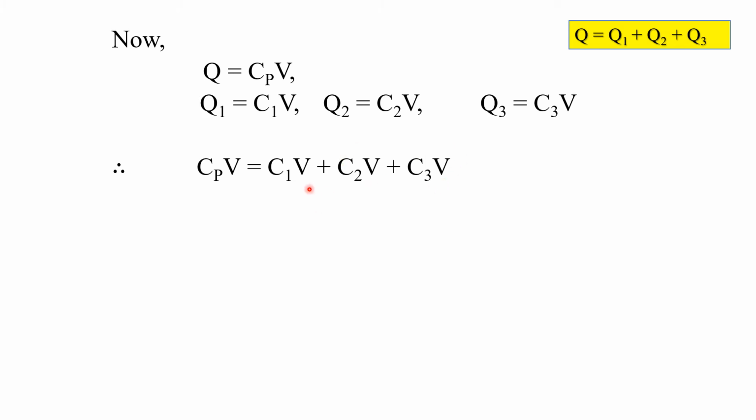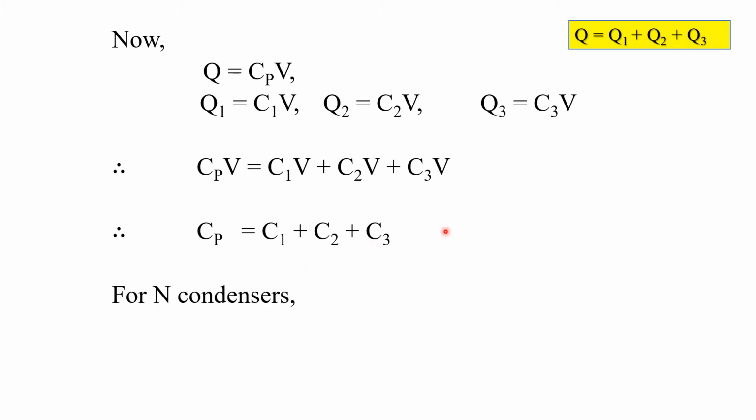So here V gets cancelled. We get Cp is equal to C1 plus C2 plus C3. For n condensers, we can write Cp is equal to C1 plus C2 plus C3 plus up to plus Cn. So this is the equivalent capacity of a number of condensers or capacitors when connected in parallel.